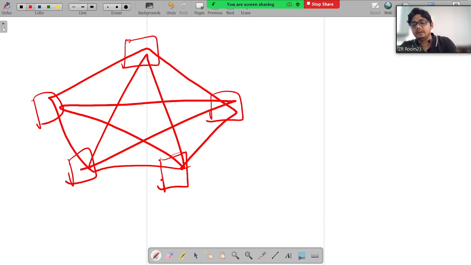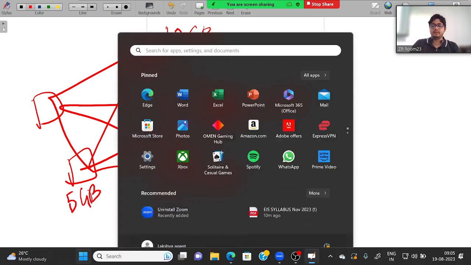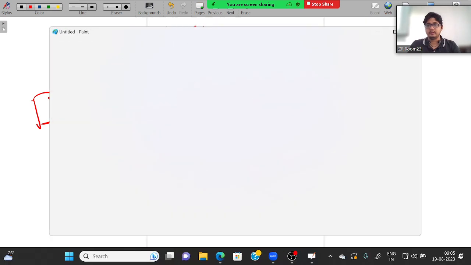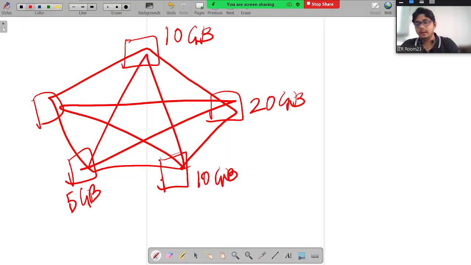Suppose this computer has 10 GB of storage space, this computer has 20 GB, this one 10 GB again, this one 5 GB, and this one 10 GB again.